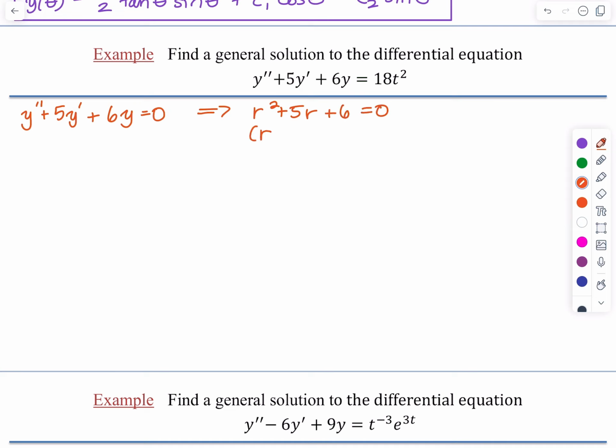And we have r plus 2 multiplied by r plus 3. And so we have r1 is equal to negative 2 and r2 is equal to negative 3.